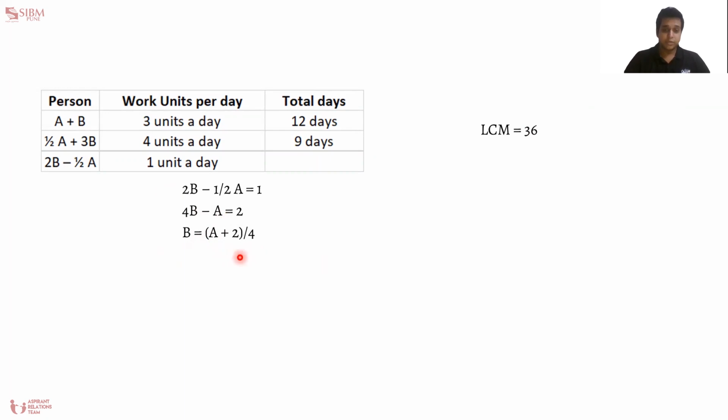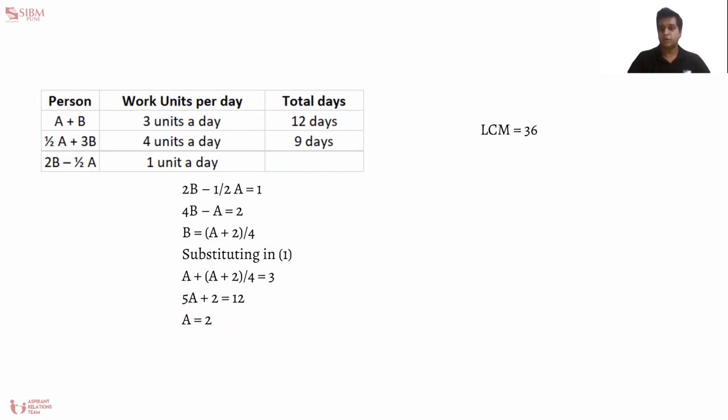So what do we do with this b? We substitute it in the first equation. Simple linear equations, right? We solve for a, and we get a equals 2. What does that mean? That means a alone working can complete 2 units of work in a day.